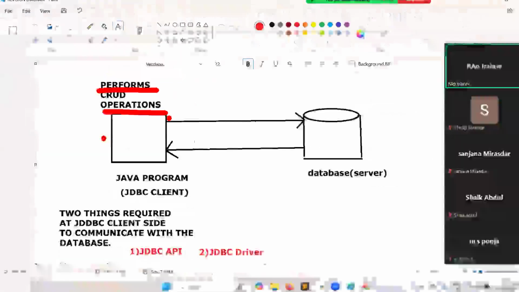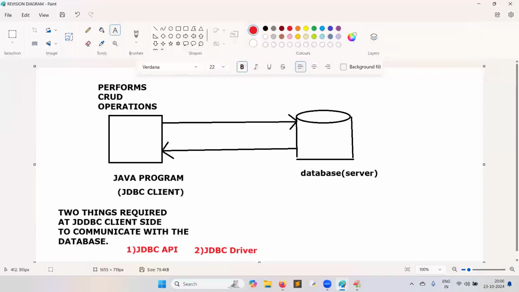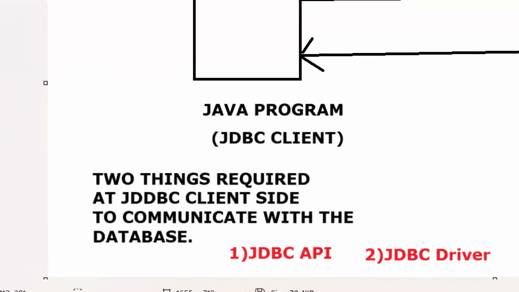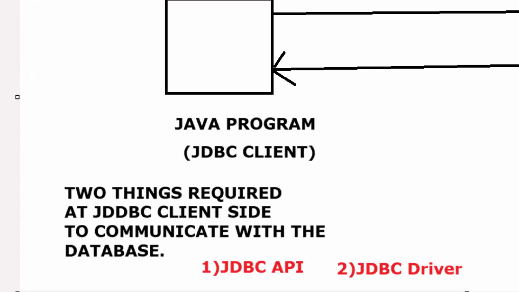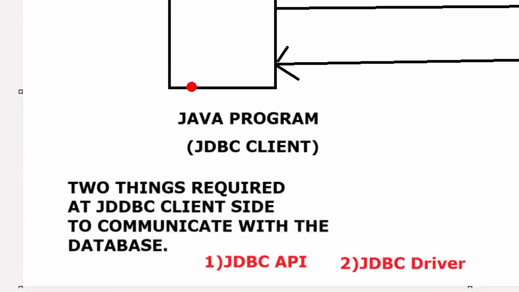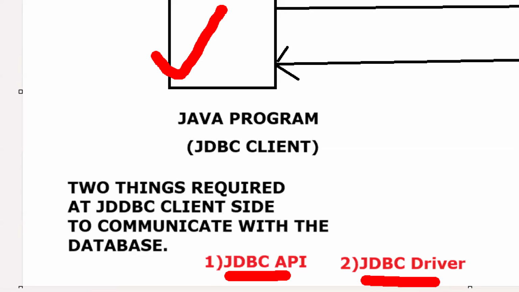Very good. Whenever a Java program wants to communicate with a database, on the Java program side, two things are required, I told you. One is JDBC driver, another is JDBC API.